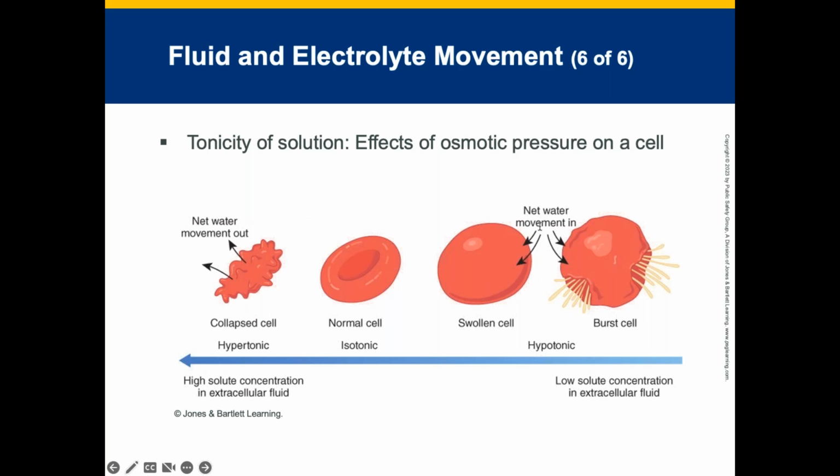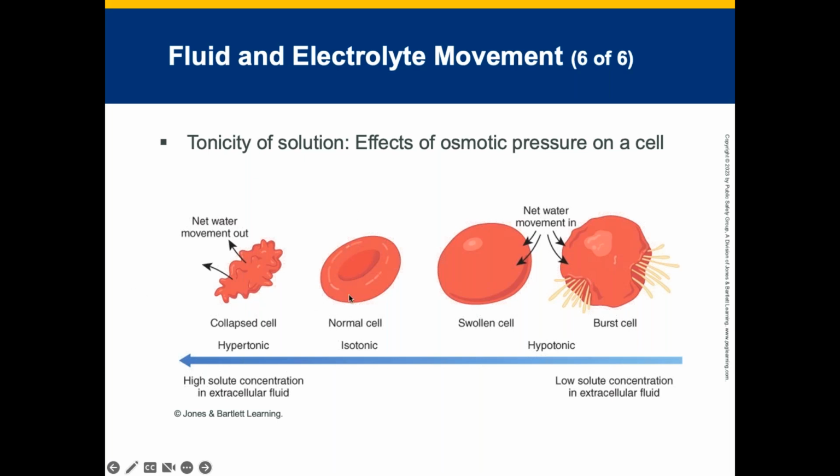So tonicity of the solution is the effect of the osmotic pressure on a cell, okay, as you can see here. Hypertonic, where the net water movement is out. Isotonic is a normal cell, right? Then we have hypotonic, where net water movement is in, okay, causing a cell to burst, right?